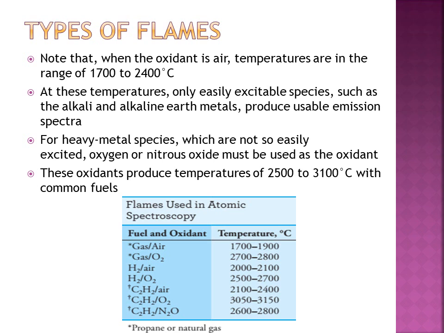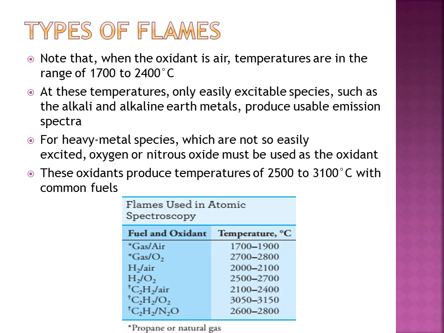But if we are studying heavy metals or those elements which are not easily excitable, we must change our oxidant. So we can use oxygen or nitrous oxide. Let's see what the temperature ranges are. When we use gas-oxygen, the temperature range is 2700 to 2800.